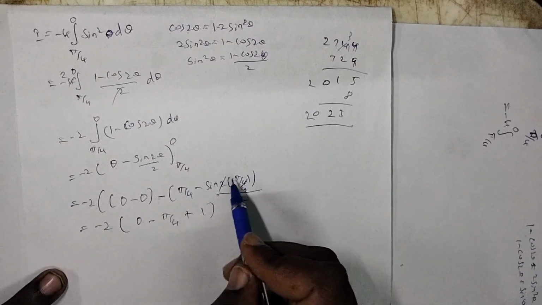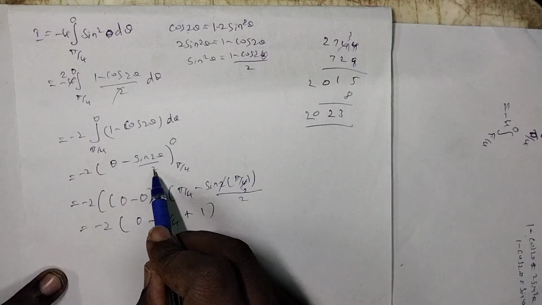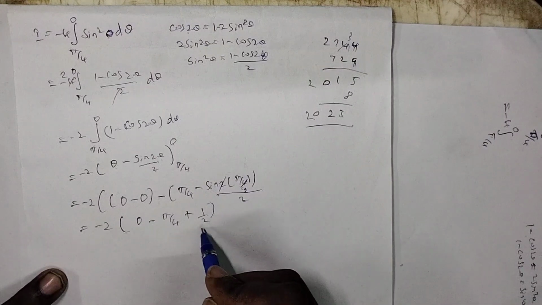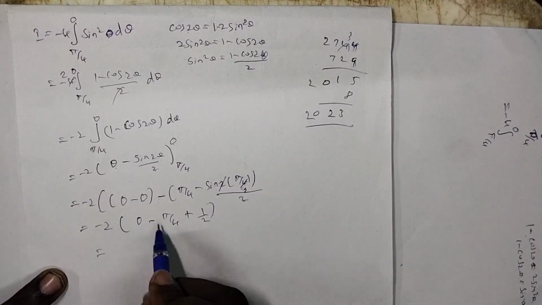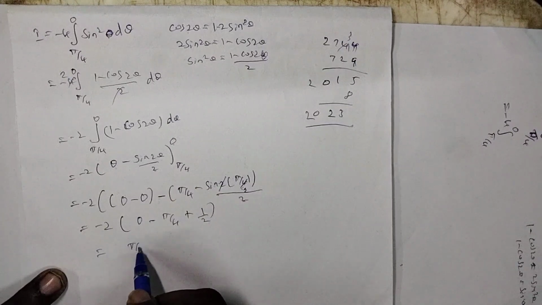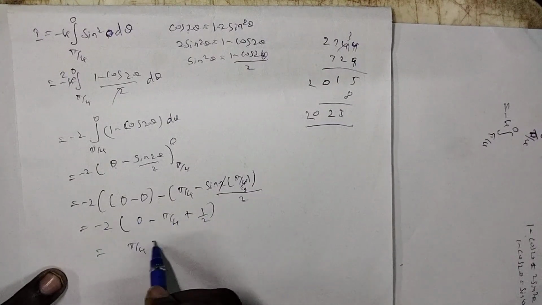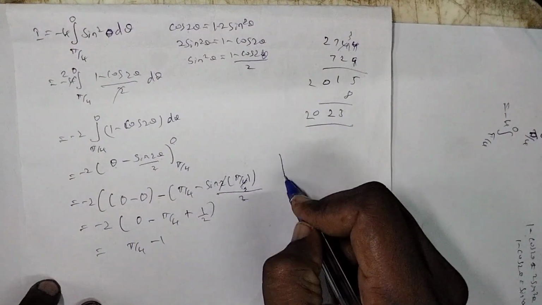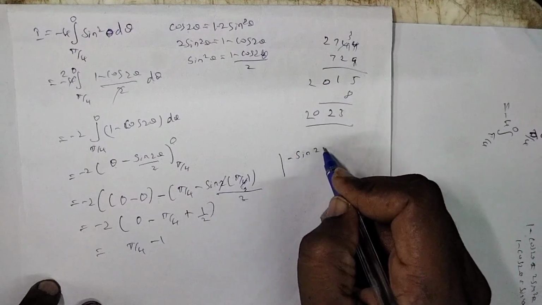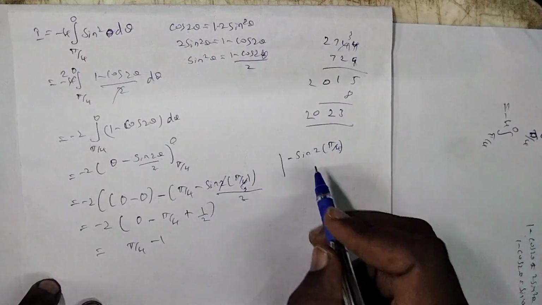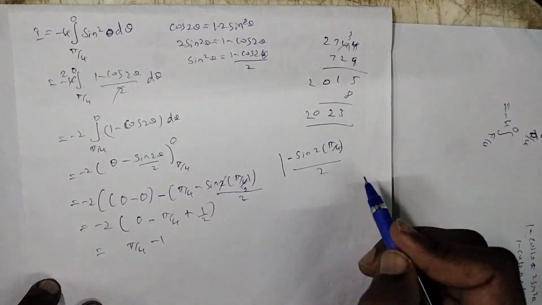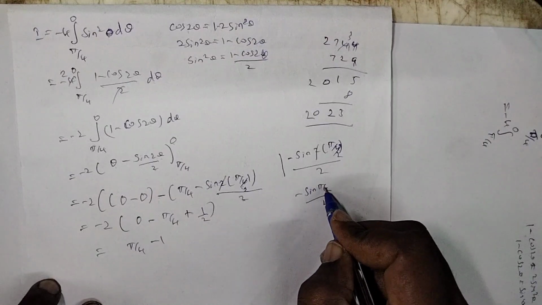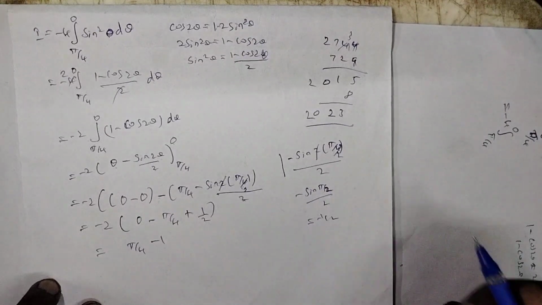Sin pi by 2 is 1, and the denominator is 2, so it becomes minus 1 by 2.